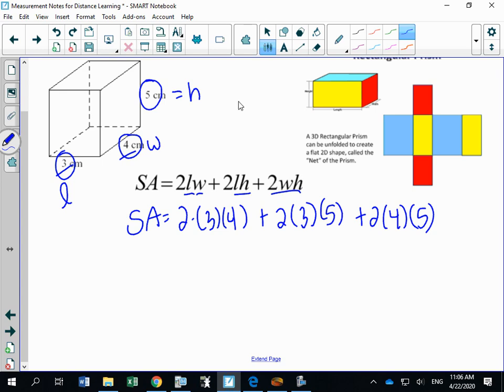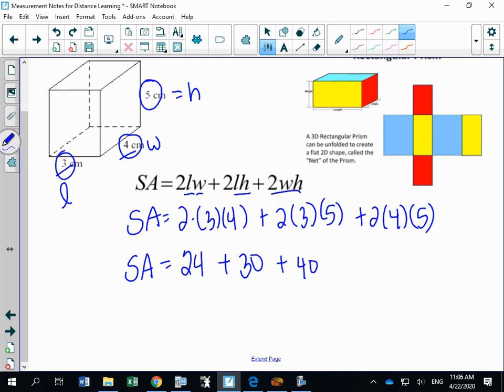Okay, so let's figure out what this would be. So continue to write surface area. 2 times 3 times 4 is 24. 2 times 3 times 5 is 30. And 2 times 4 times 5 is 40.